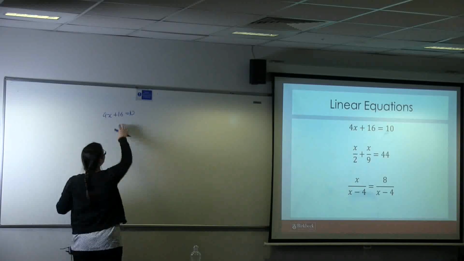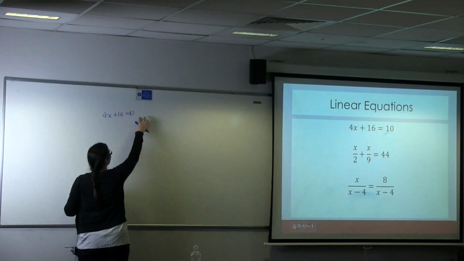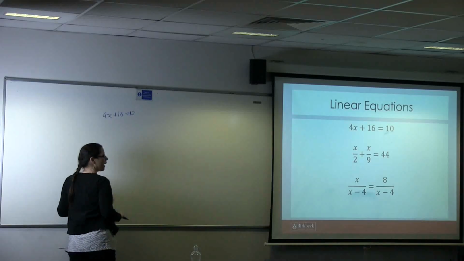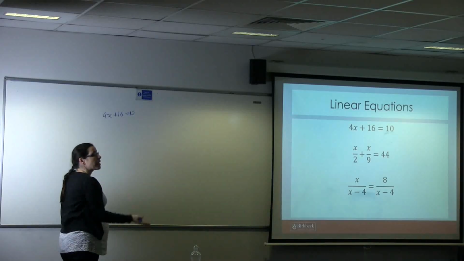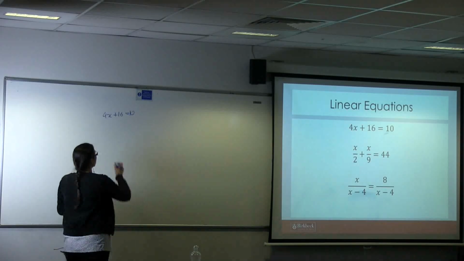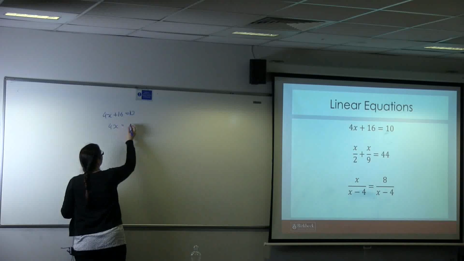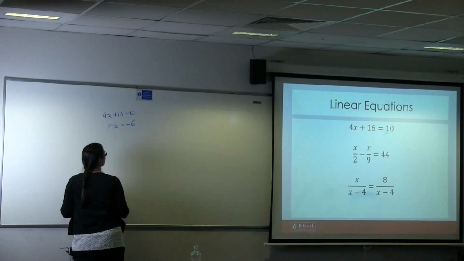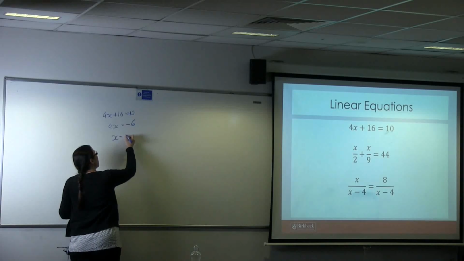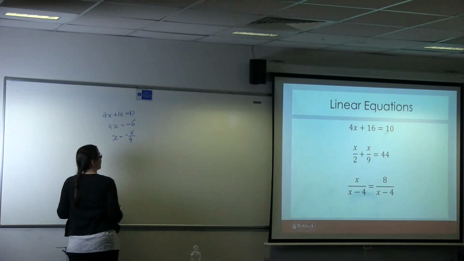Now, if I move it to the other side, then that will become negative, because anything that crosses through the equation line becomes the opposite. So positive becomes negative, multiplication becomes division, and the rest of it. So I've got 4x being equal to minus 6. And that means that x will be equal to minus 6 over 4.